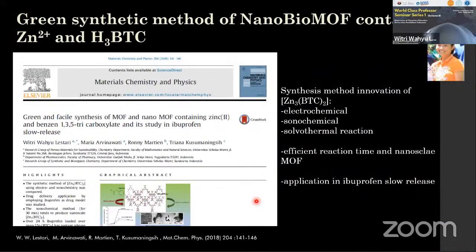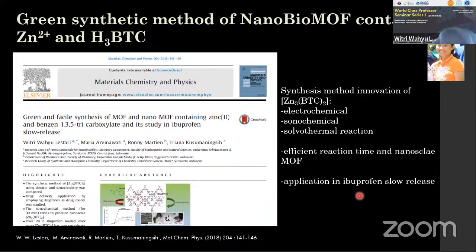And here I will tell about the other MOF that we have synthesized, which we call zinc BTC. These are the steps from 1,3,5-benzene tricarboxylic acid, and we modified the method of synthesis, and we study its slow release application for ibuprofen.